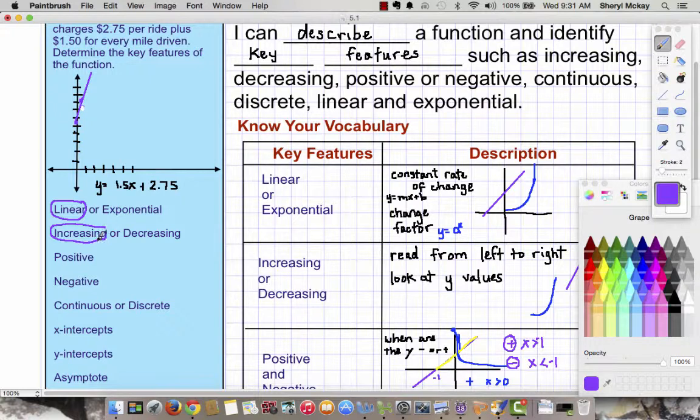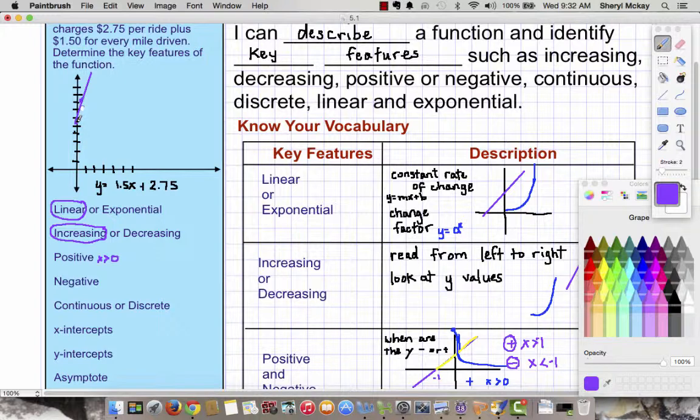Where is my line positive? Well, my y values are positive when x is greater than 0, right? Because this is where I started.